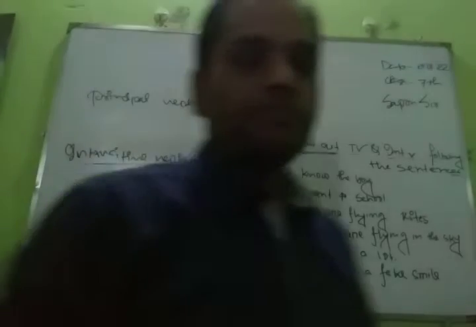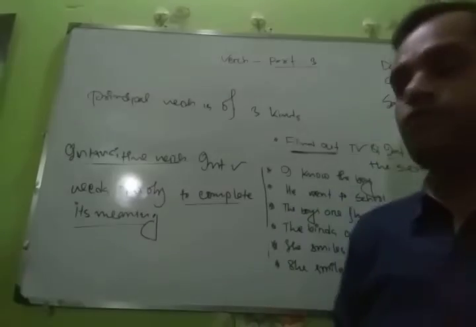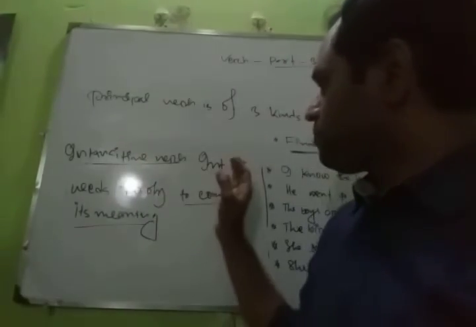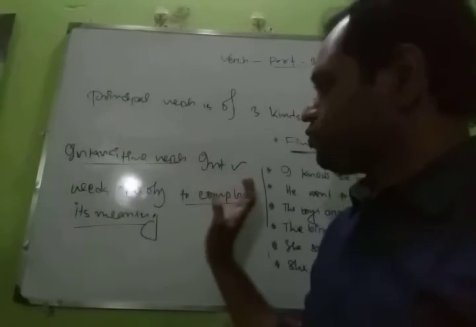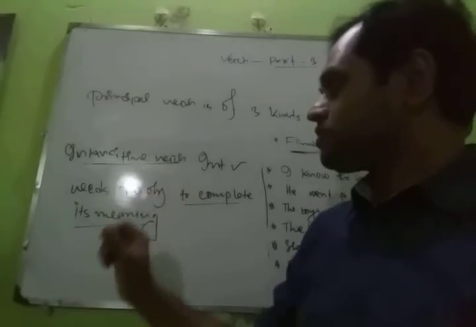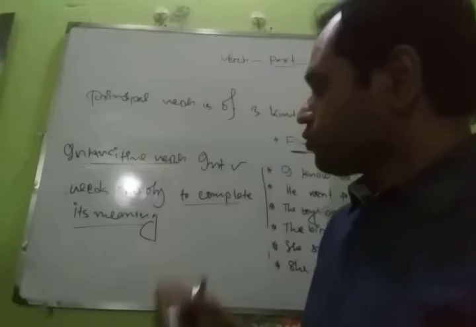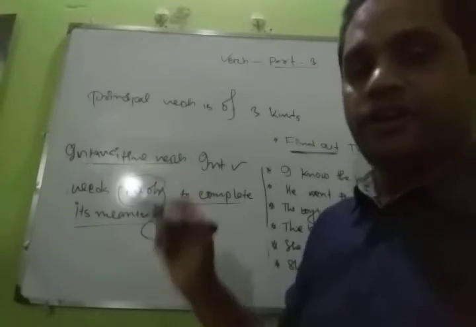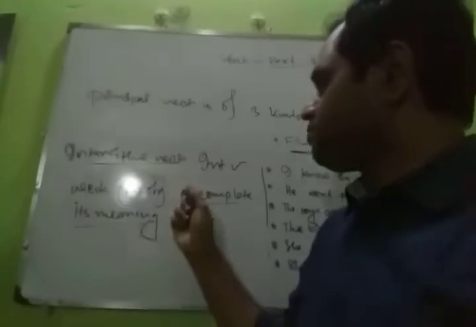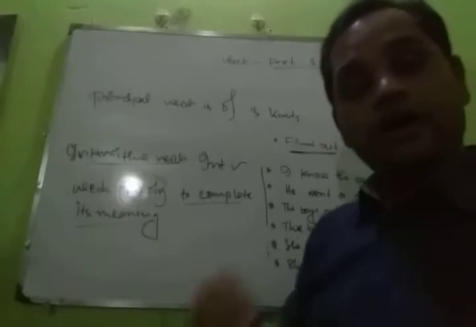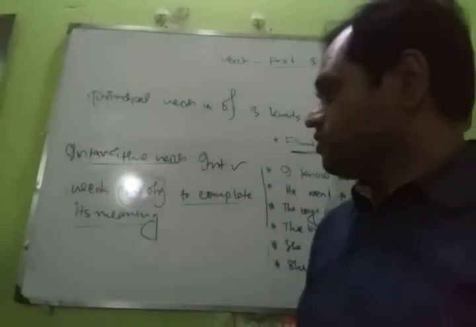Dear learners, listen to me carefully. Intransitive verb needs no object to complete its meaning. That means intransitive ভাবে এর অর্থকে সম্পূর্ণ করার জন্য কোনো অবজেক্টের প্রয়োজন হয় না। But transitive verb needs an object to complete its meaning.